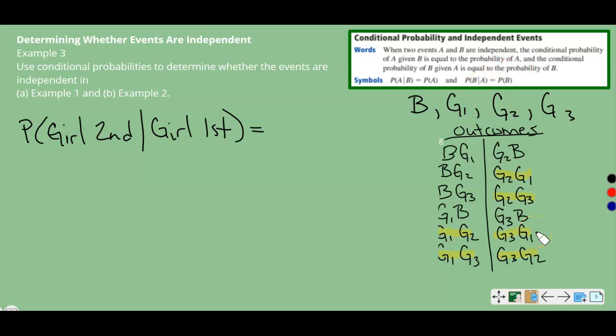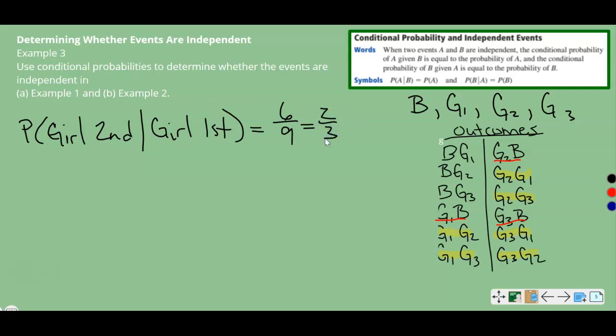We've already got these picked, where the girls are second, and here's a girl first, and another girl first. So that's going to be 6 out of a total of 9. 6 out of 9 reduces to 2/3.